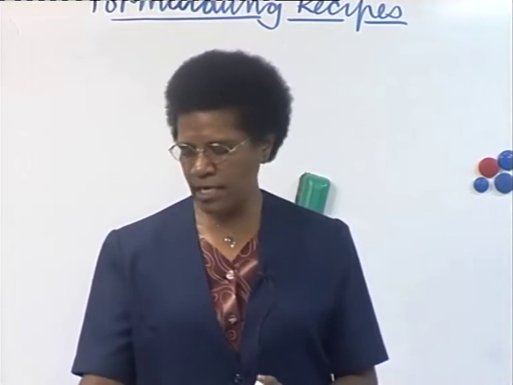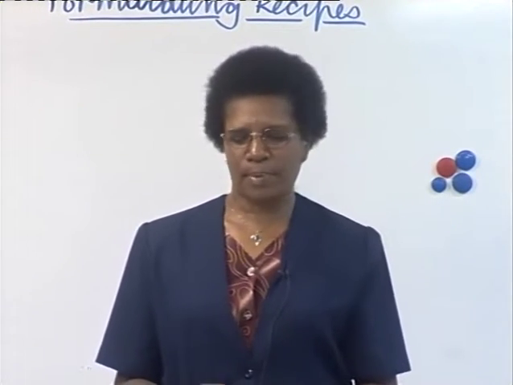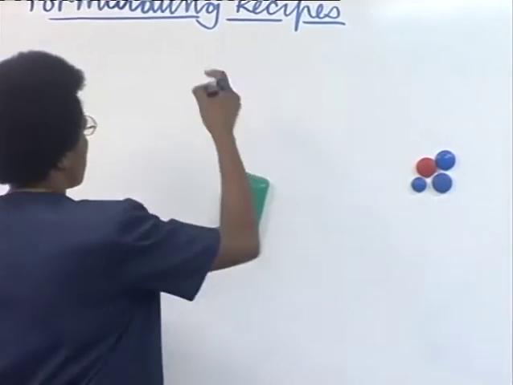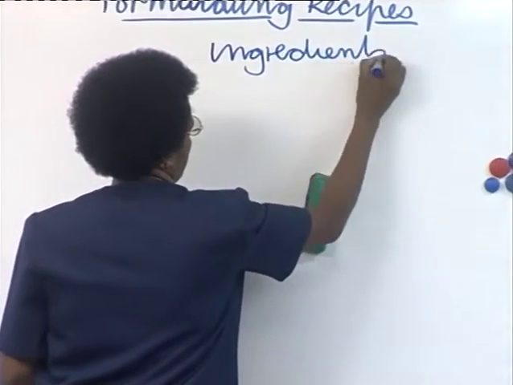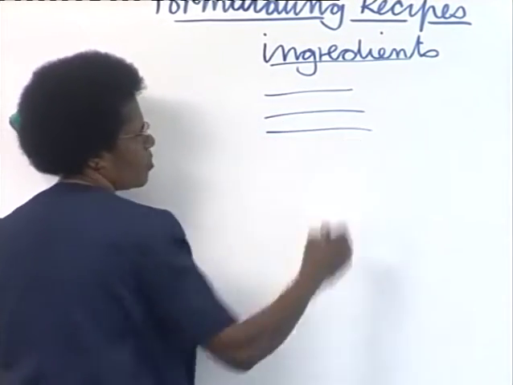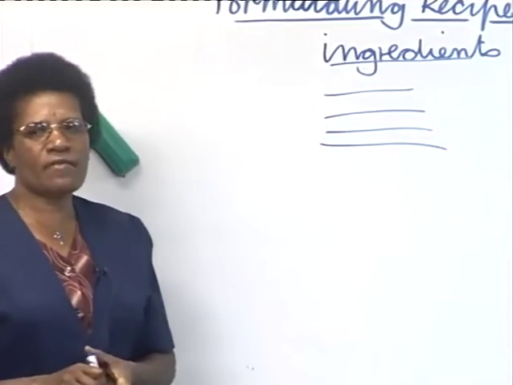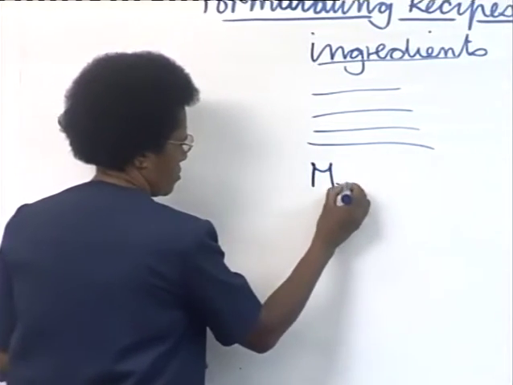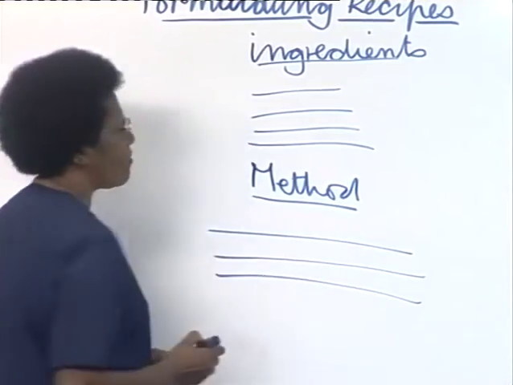So we will have a look at the first one, where the ingredients and the method are separated. Here you have the list of food that you need for whatever you plan to cook, and you have your method.